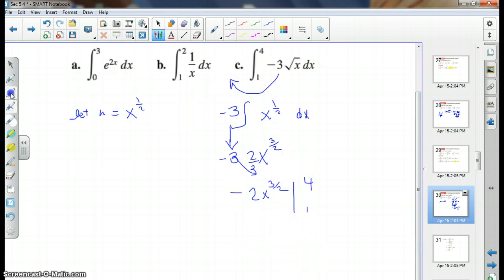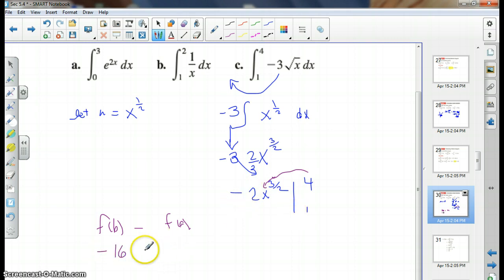So I'm going to do my f of b minus f of a again. If I plug in the 4, this really says take the square root of 4, and I'm doing my f of b here first, followed by my f of a. So the square root of 4 is 2. 2 cubed is 8. 8 times -2 is -16.